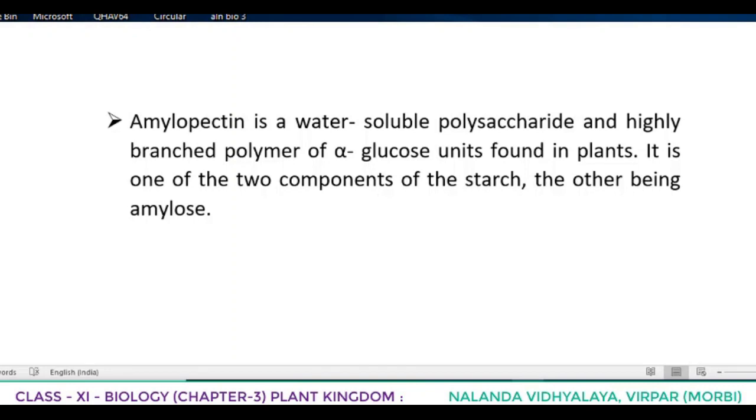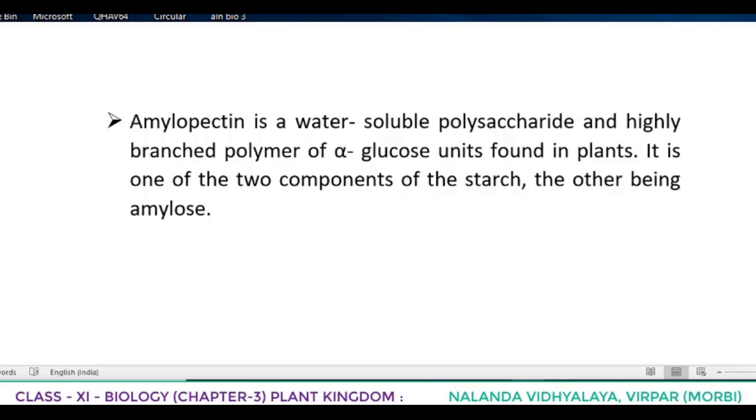Please note down. Amylopectin is a water-soluble polysaccharide and highly branched polymer of alpha glucose units found in plants.